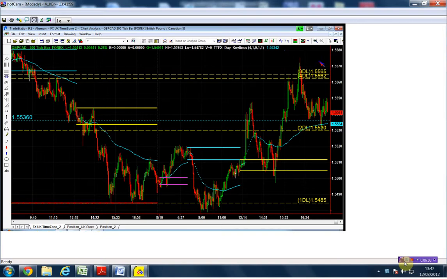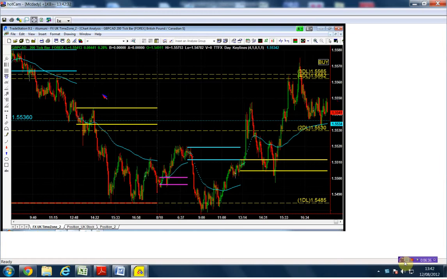So my buying point is going to be here. I'm going to buy above 155.70, and if I do, I'm going to place my stop at 155.50, so I'm not going to give it more than a 20 pip stop, which is reasonable.